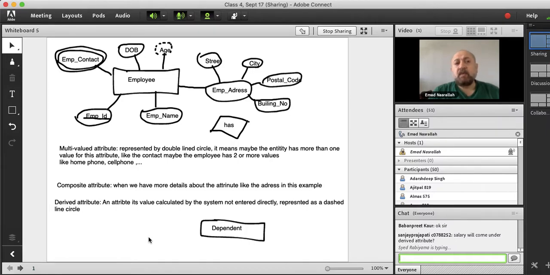Yes, the employee will not give us his salary, but there are other people who will do the data entry of the salary of the person. If the system in that company is calculating the salary, then it's derived. So we should return to the client to know about that.